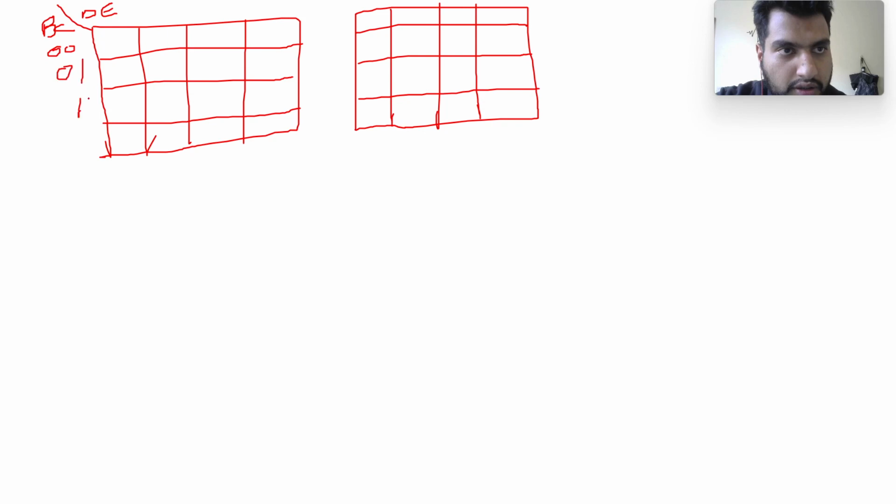Let me mark these things before I proceed. So 1 1 1 0, same for this, and here it is a equal to 0 and this is a equal to 1. So let's just fill.